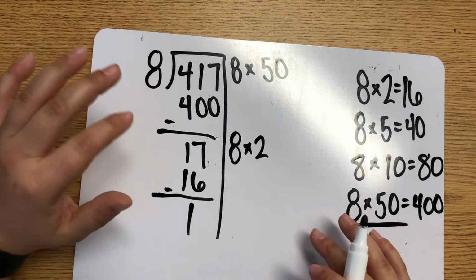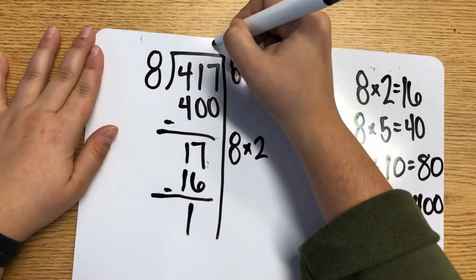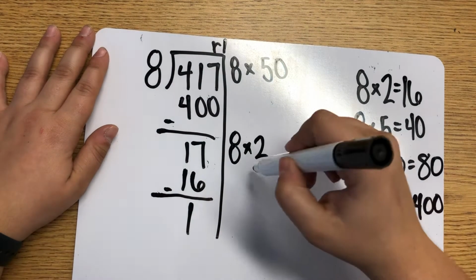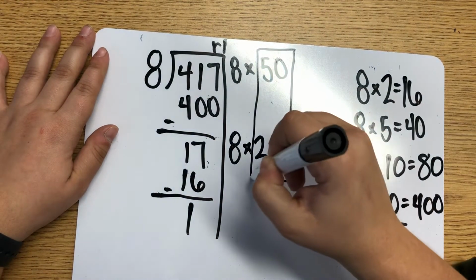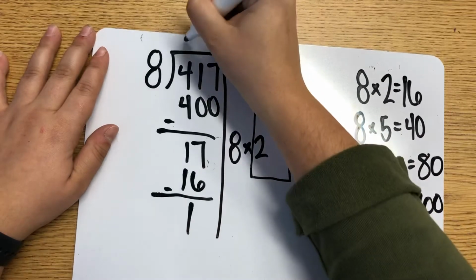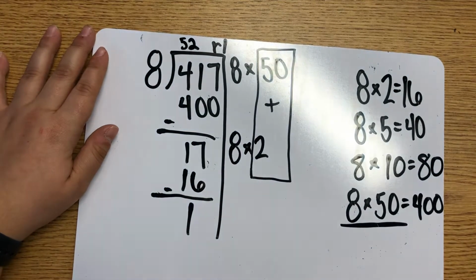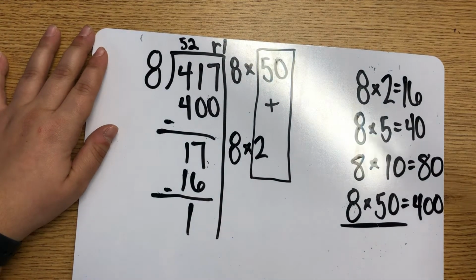I can't make any groups of 8 out of what's left over, so that's going to be my remainder. I'm going to have a remainder of 1, but my answer is going to be the factors that I have right here, 50 plus 2, which equals 52. So 417 divided by 8 is 52 with a remainder of 1.